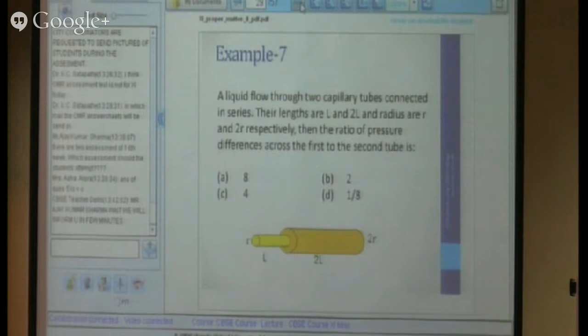How to proceed? Let's collect the concepts involved in it. First thing, I told you, when things are in series, one quantity remains constant.